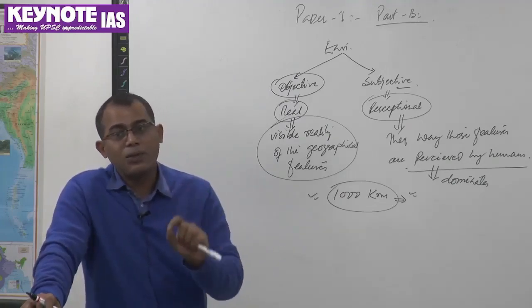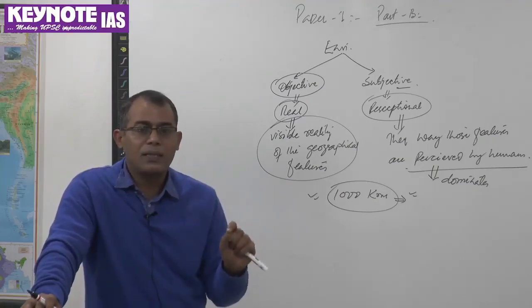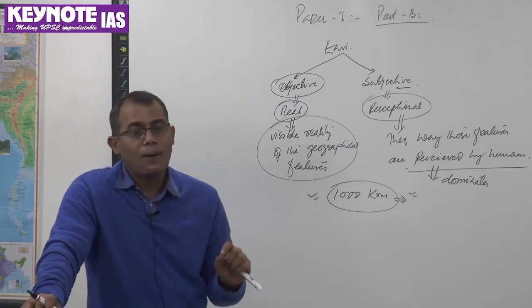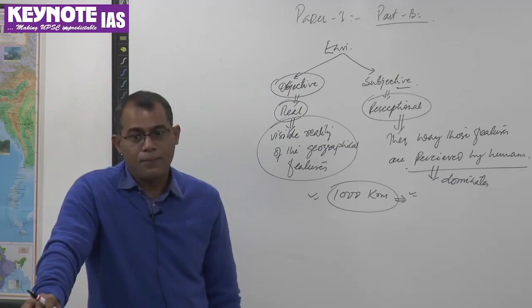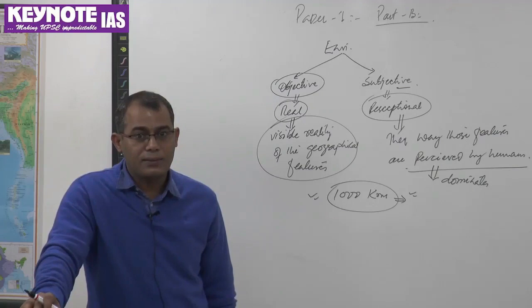A would-be IAS officer is supposed to see geography, or any subject, from his or her own perspective, which is what is required, and that will make your answer different from the college-going writers.